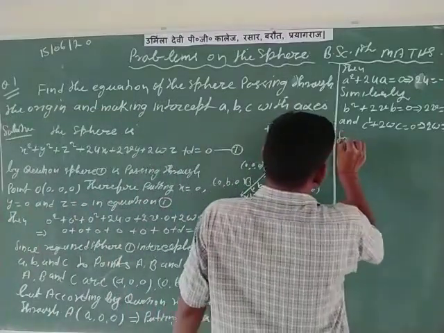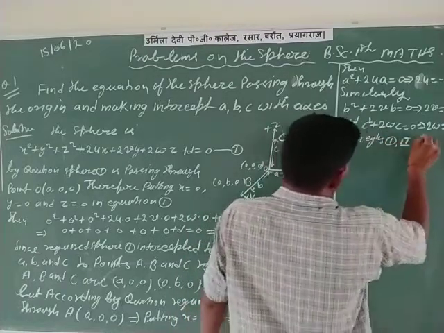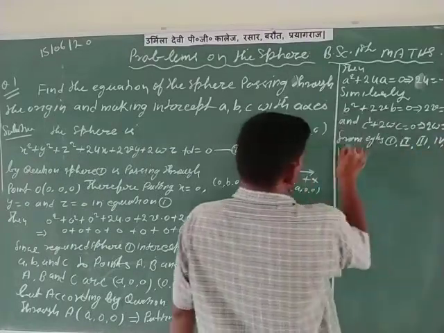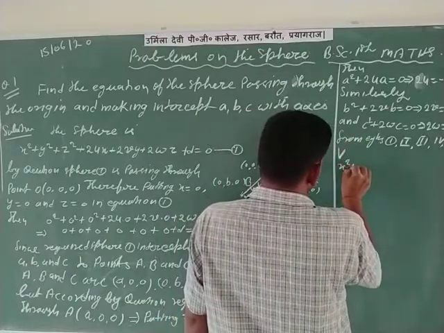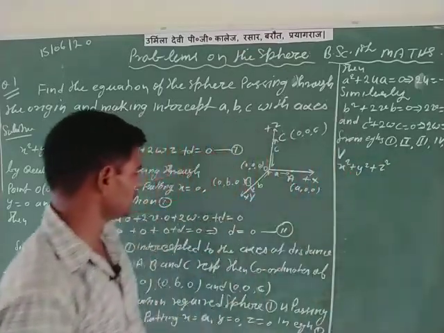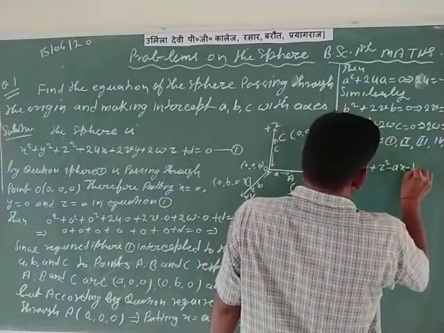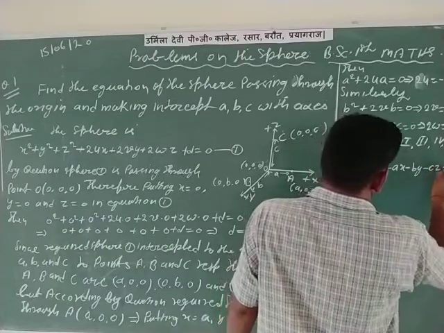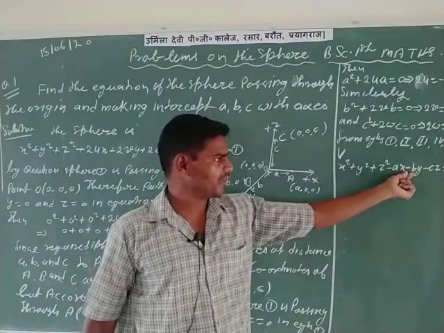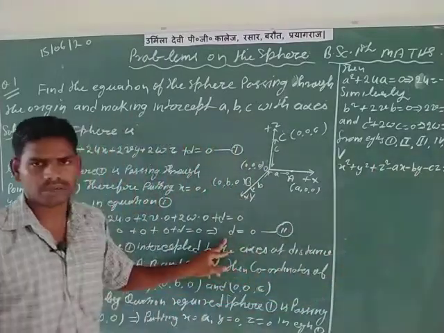So from equations first, second, third, fourth and fifth, it's clear that x square plus y square plus z square, and the value of 2u is equal to minus a, 2v is equal to minus b, 2w is equal to minus c, and d already is equal to 0 from equation second.